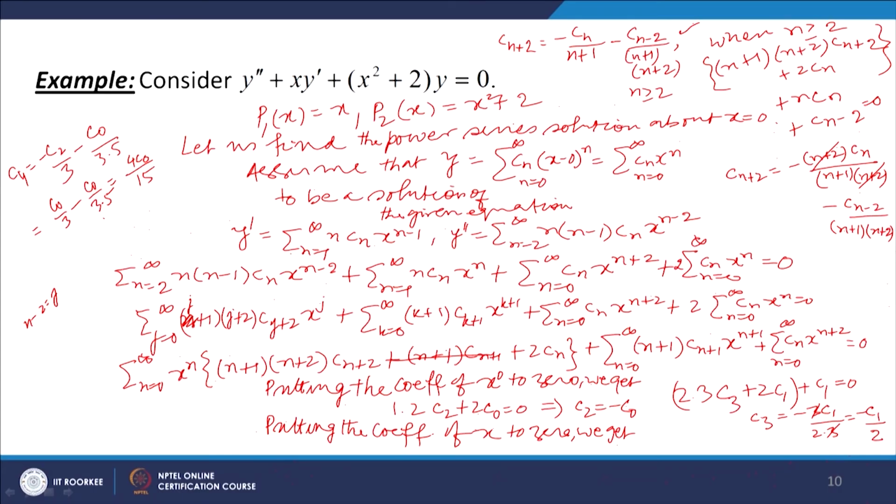So C2, C4, C6 they will come in terms of C0, while C3, C5, C7 they will come in terms of C1. And then when we write the power series solution y equal to sigma n equal to 0 to infinity Cn x to the power n, we collect the coefficients of C0, that will give us one solution, and we collect the coefficients of C1, that gives us the other solution.